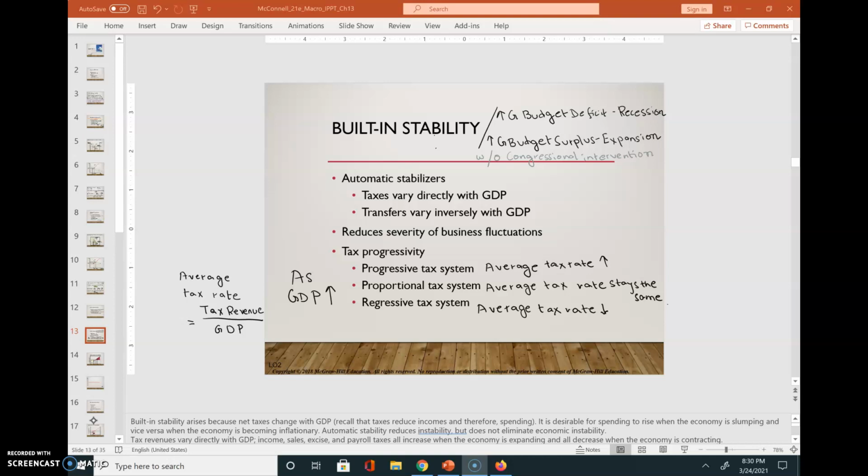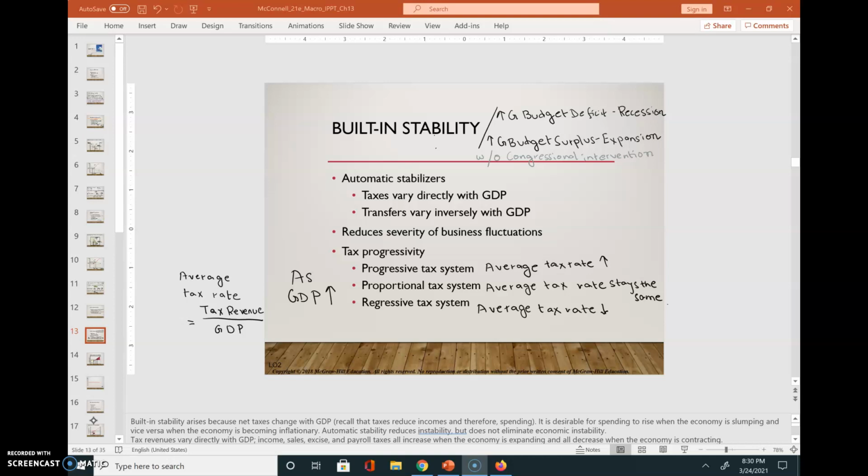Now, there are automatic stabilizers that work in the economy. For example, taxes vary directly with gross domestic product and transfers vary inversely with gross domestic product.